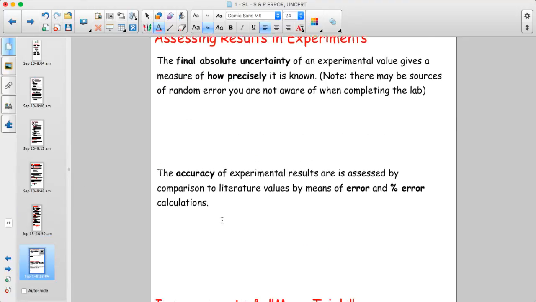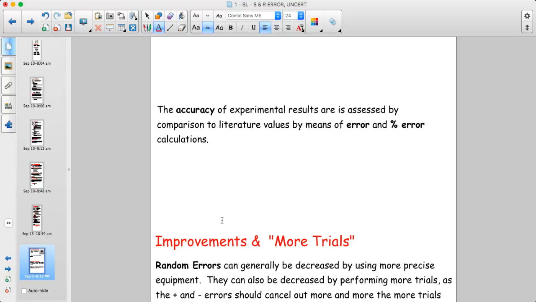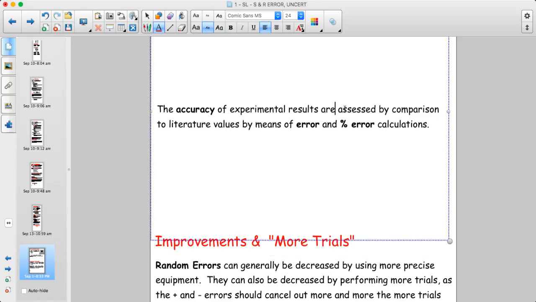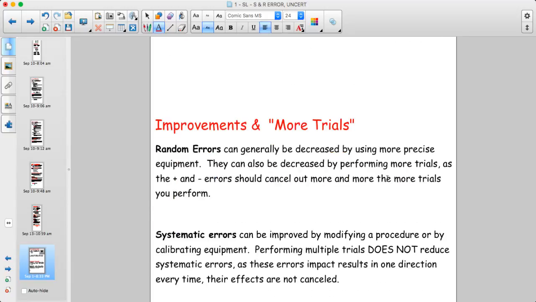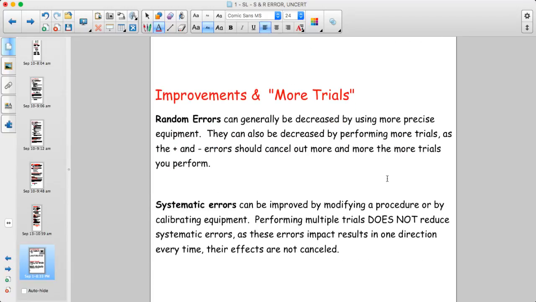Okay? The accuracy of experimental results is assessed by comparison to literature values and by calculating error, or usually percentage error. So in order to assess whether or not you're accurate, you have to compare back to the expected or accepted value, the literature value. When you are suggesting improvements for random errors, if you're going to make less random error, you can do a couple of things.